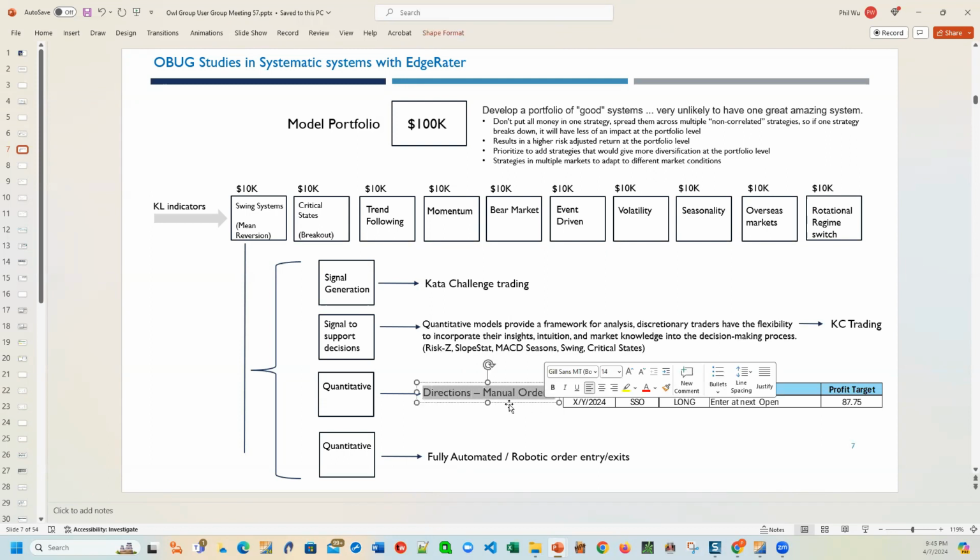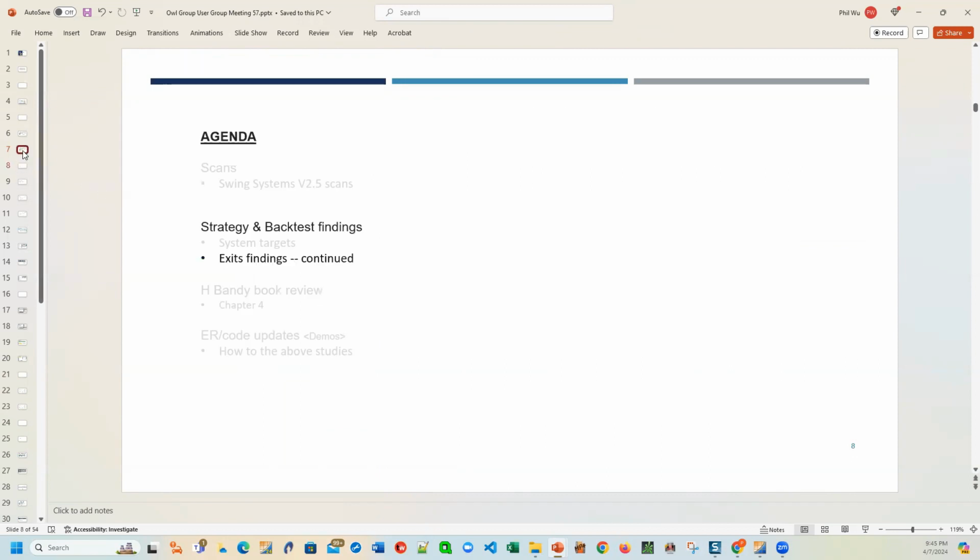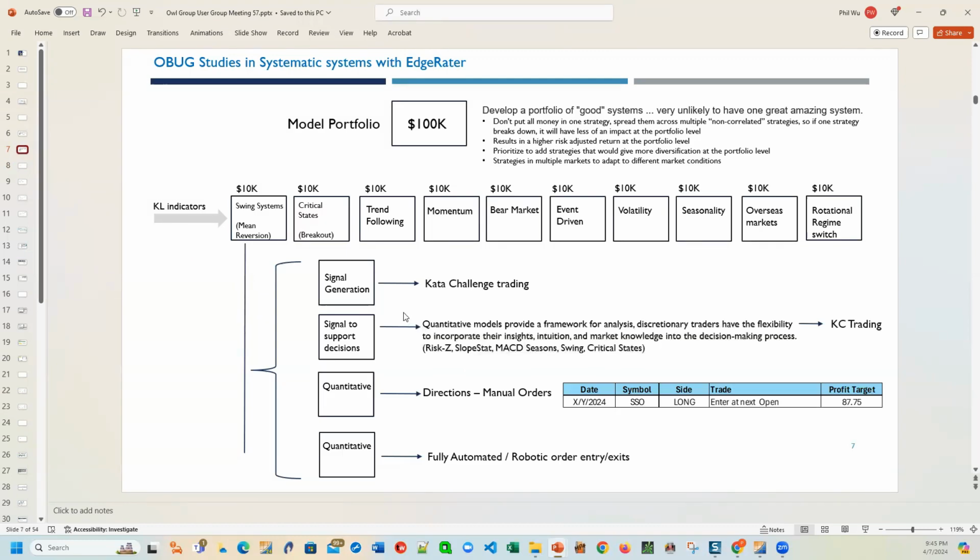You can decide whether or not you want to submit this order. So that's the general direction that we're heading. After we finish the swing systems, then we would look at Ken's critical states template.